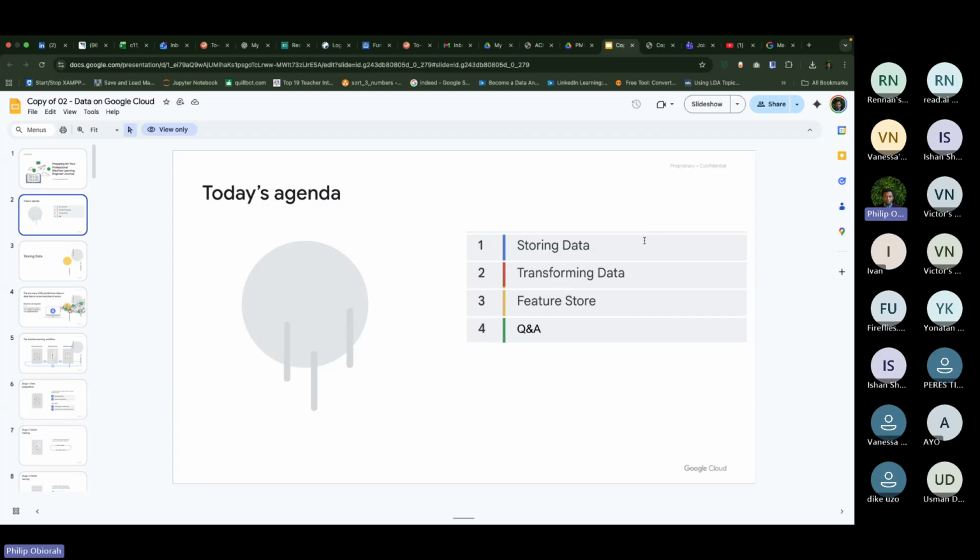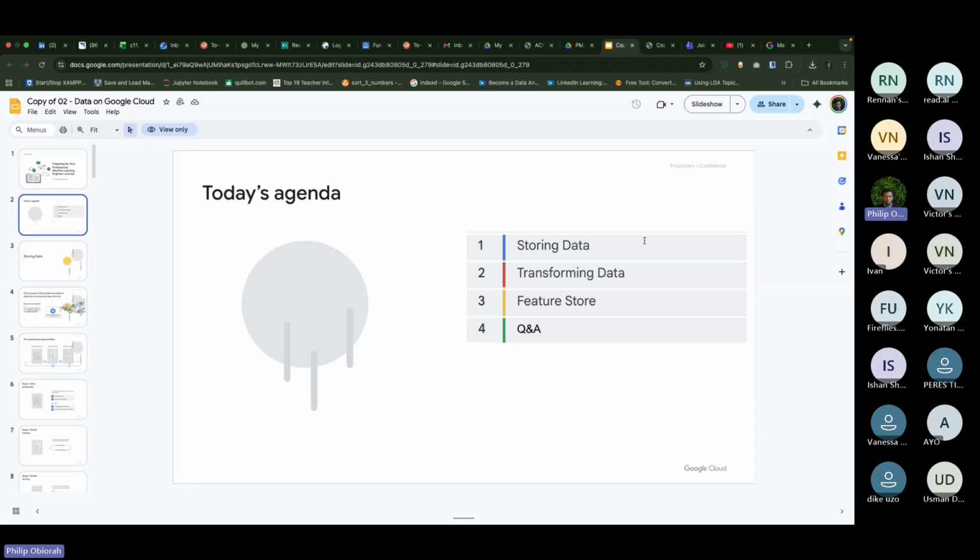So we are not just talking about models here. The very first thing you need to do is to prepare your data, and the choice you make of where you keep that data has a lot of impact.